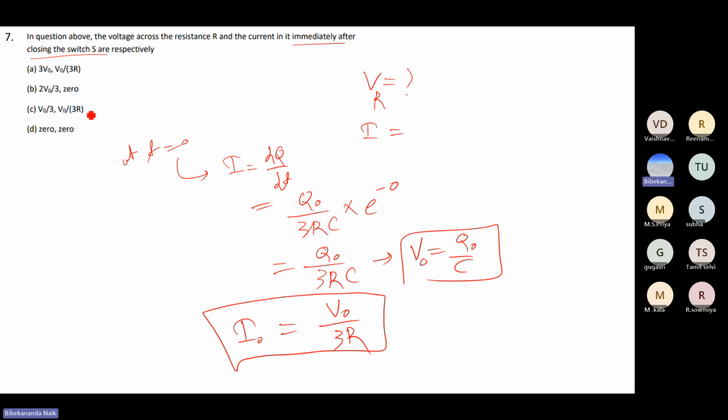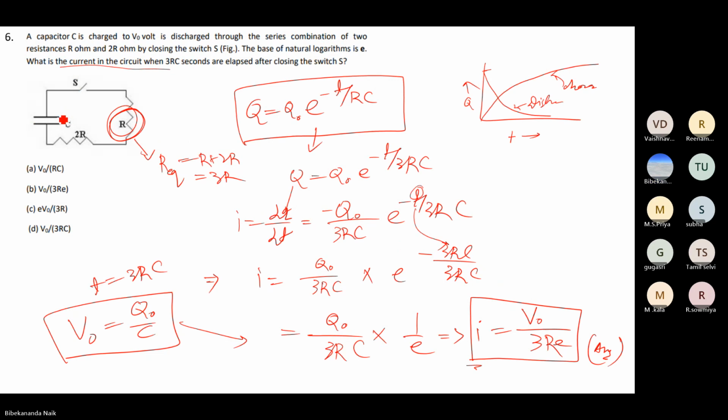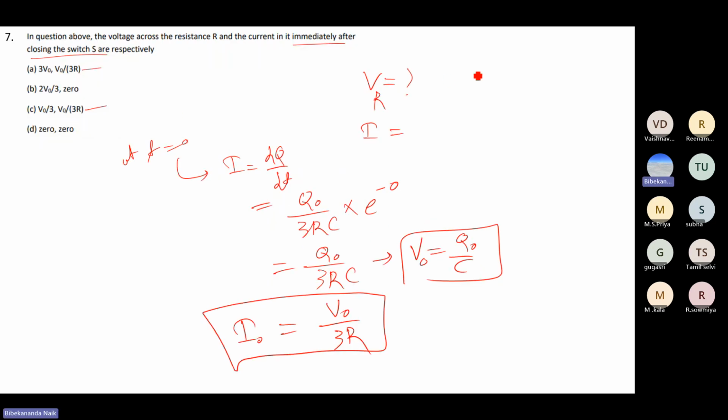Now in these two options, the current is the same, but what will be the voltage across the resistance R? In the circuit, the circuit was like that. This is a capacitor and there are two resistances, one here, R, and another here, 2R. When the capacitor is discharging, there is a current I flowing in the circuit. Now this capacitor acts as a source.